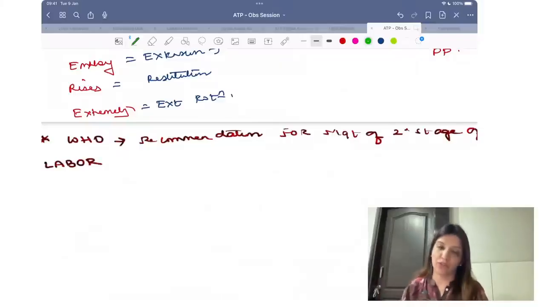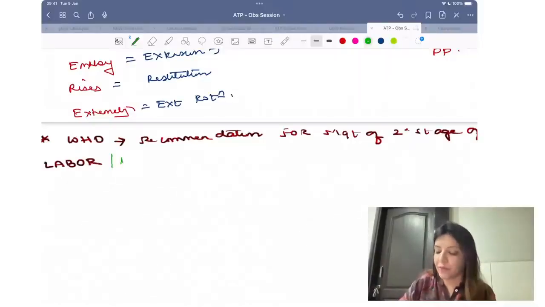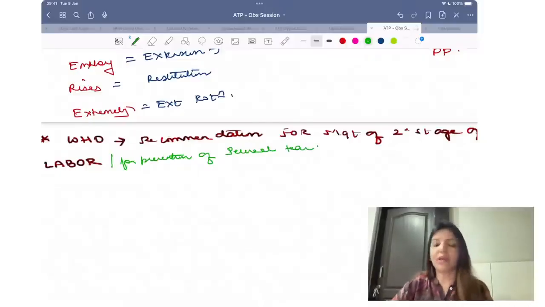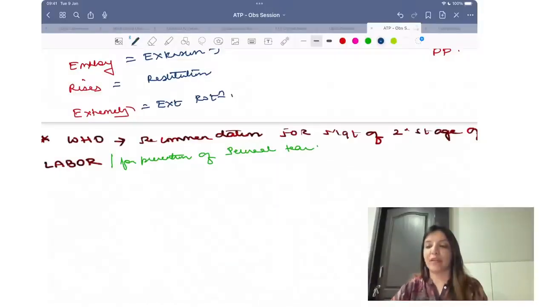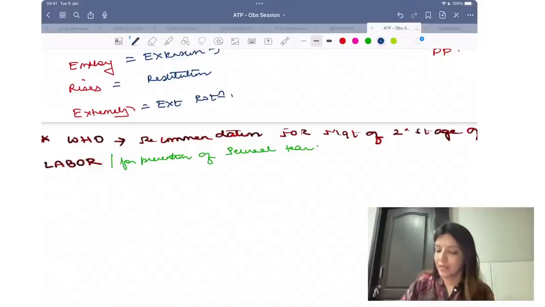Again, a very important question. So WHO's recommendations for management of the second stage of labor or for prevention of perineal tear. In any of these forms, this question can be asked. So what are WHO recommendations for preventing perineal tear?